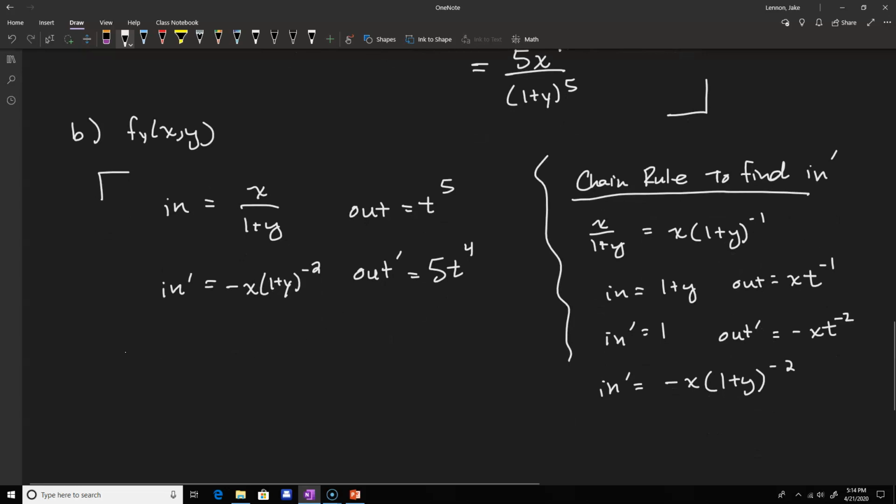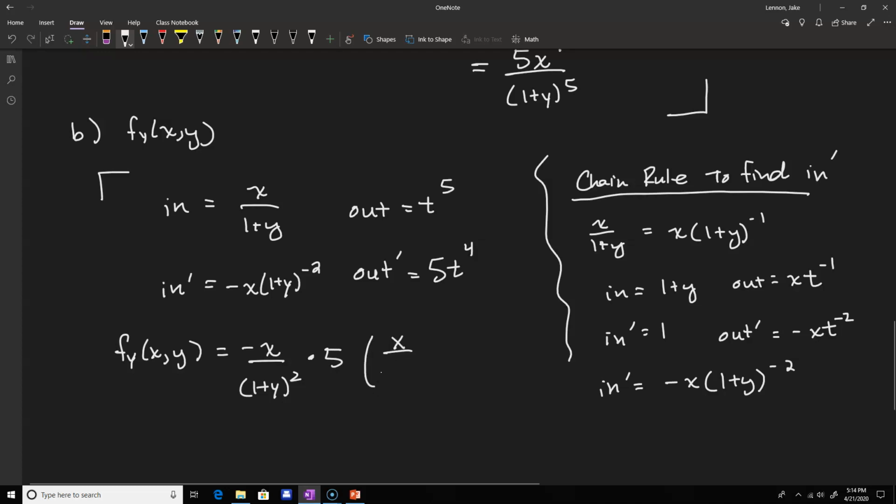It's purely preference. Okay, so to find the partial derivative with respect to y, here we are going to multiply inside prime by outside prime. So we have negative x. Instead of 1 plus y to the negative 2nd, now I'm going to write it as 1 plus y to the 2, but in the denominator, times 5. And then we have times our original inside.